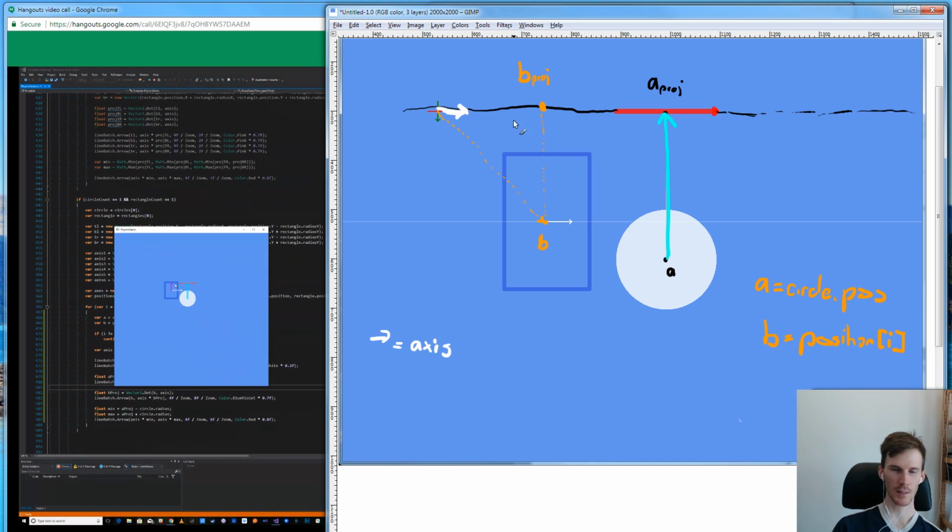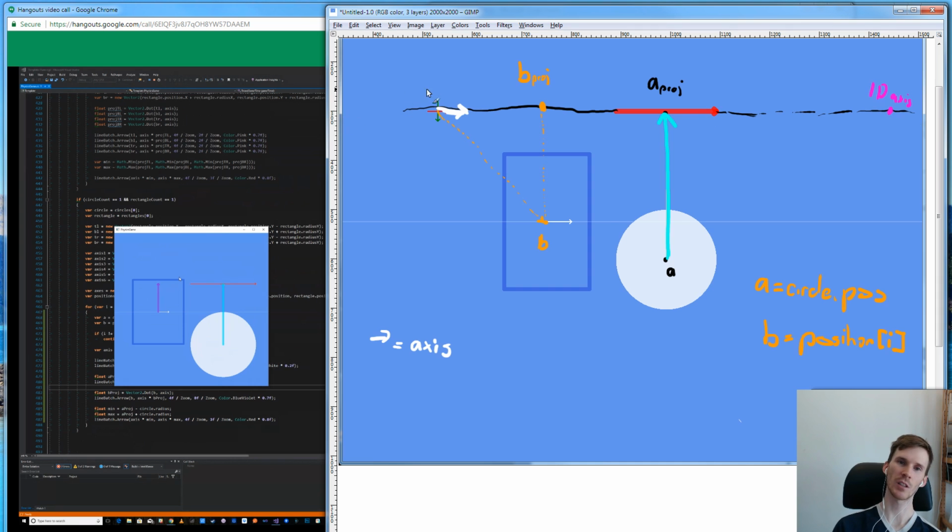So this is the step in the logic that's the important one to keep in mind. What we have here is a 1D axis. What would you call it? A ray?